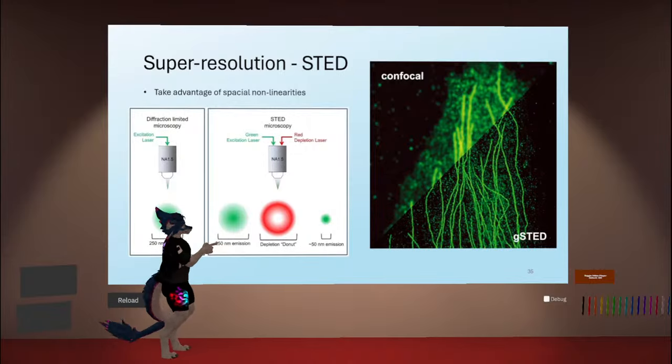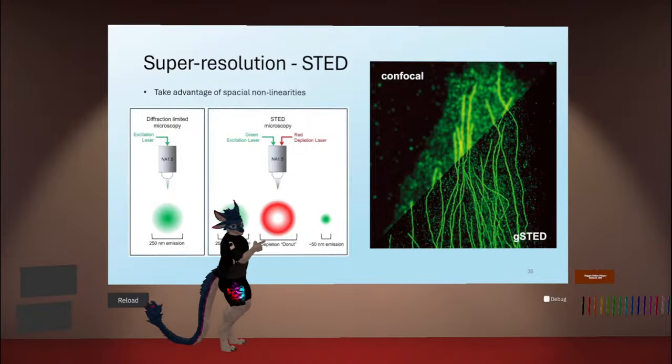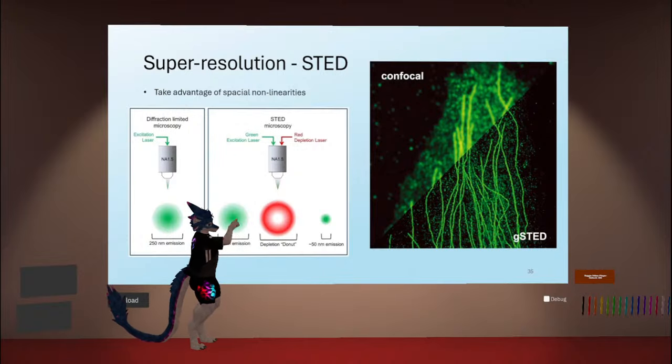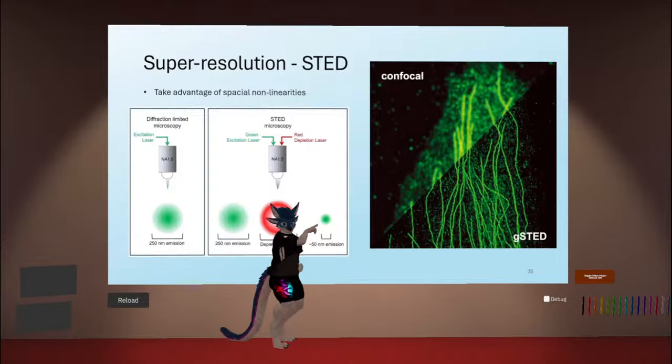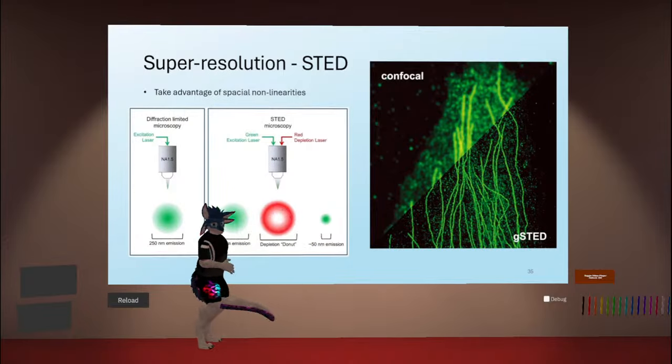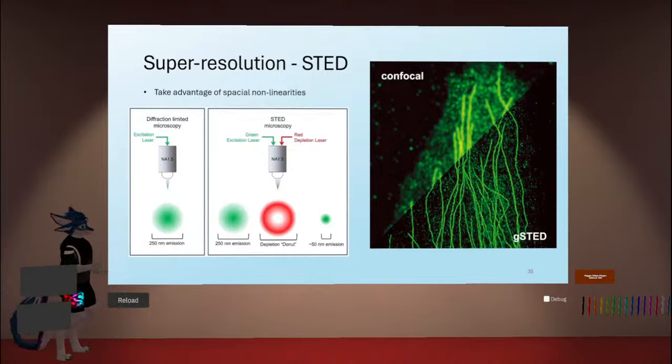And then you can come in with a ring beam, which is a thing that you can make, and you deplete a bunch of these excited states so that you're left with a much smaller excited state. And then you let that state emit back out, and you image that state.